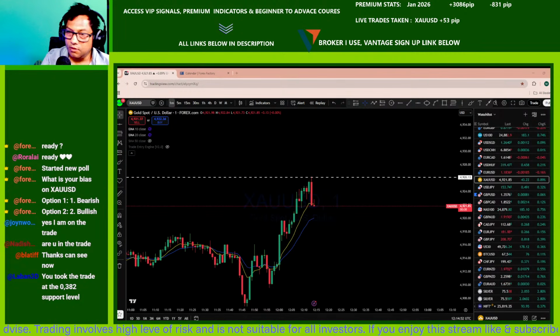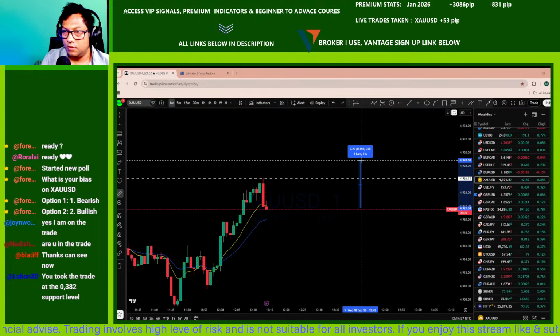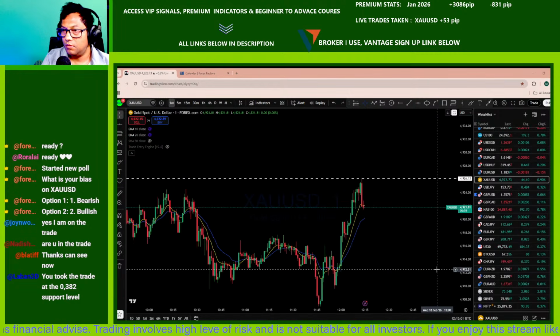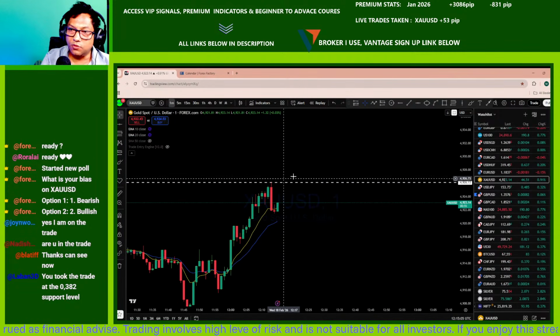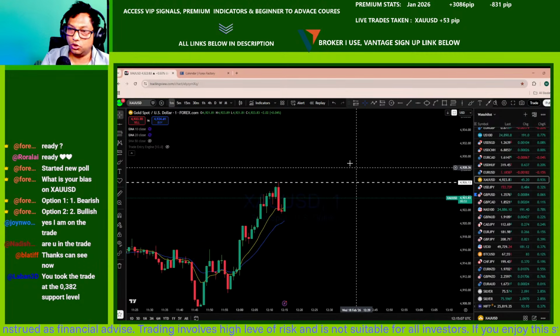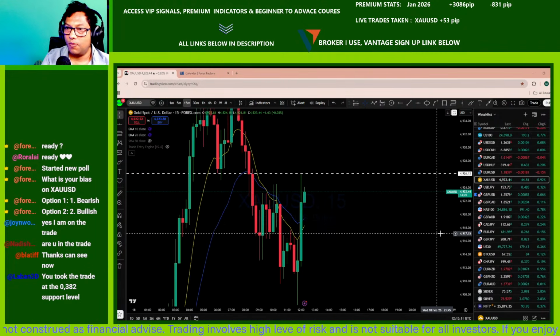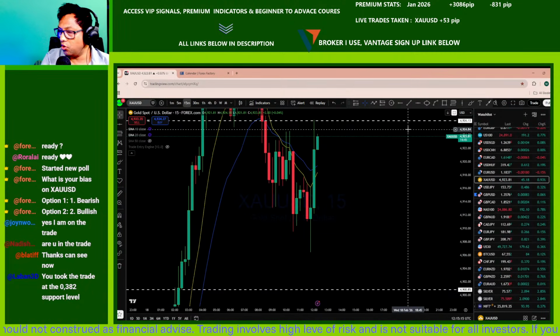I'm looking at, okay, if it forms any kind of double top or head and shoulders for a potential reversal. If you look at, this is the 15 minutes candle close of this support.